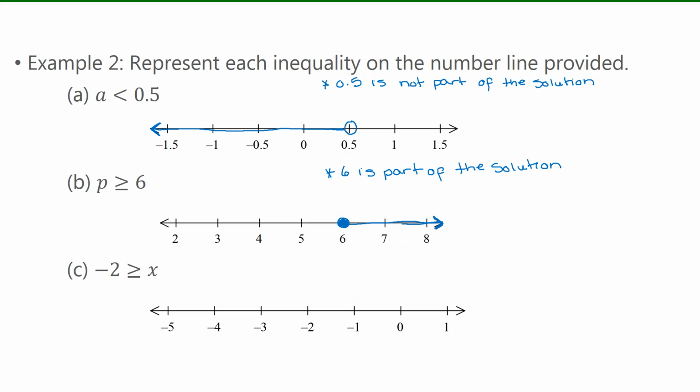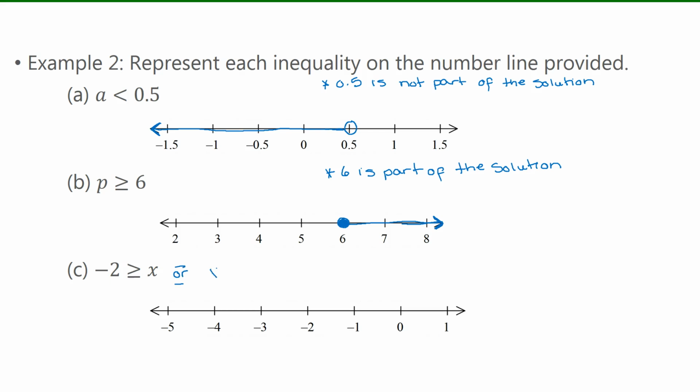Now in C, we have negative 2 is greater than or equal to x. So negative 2 is the biggest of all the x values. So all the x values are going to be less than negative 2. You can rearrange this inequality so that the variable is on the left, but when you rearrange the inequality, you have to switch the sign.